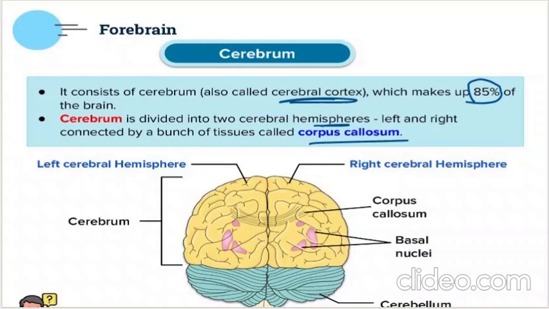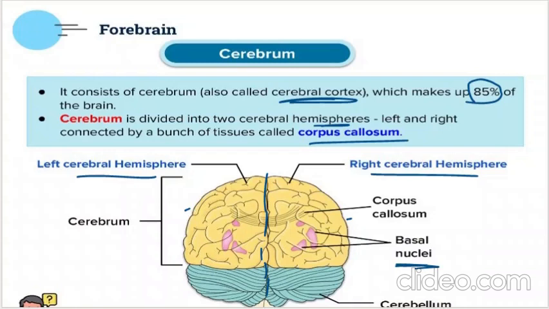Now, we have two sides of the brain, the left brain and the right brain, and each of these parts are the cerebrums. In the cerebrum there is the basal nuclei, and below the cerebrum we have the cerebellum.